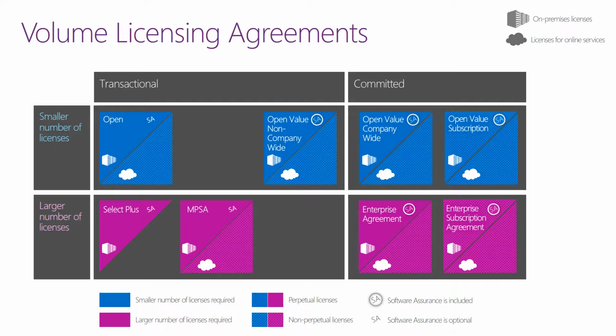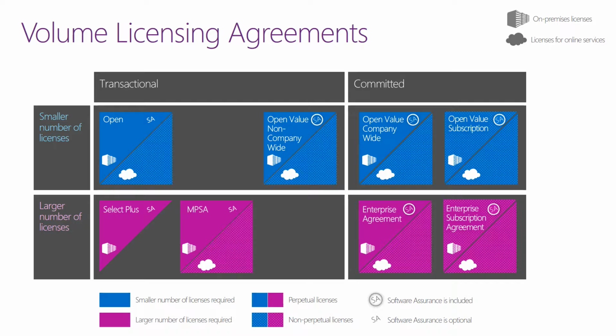The licenses are perpetual licenses, which means they can use the software forever, and software assurance is an optional purchase. You can also see that the Select Plus agreement is in the transactional part of the diagram, which means that as long as they meet some minimums, customers can purchase any number of licenses for any products at any time.